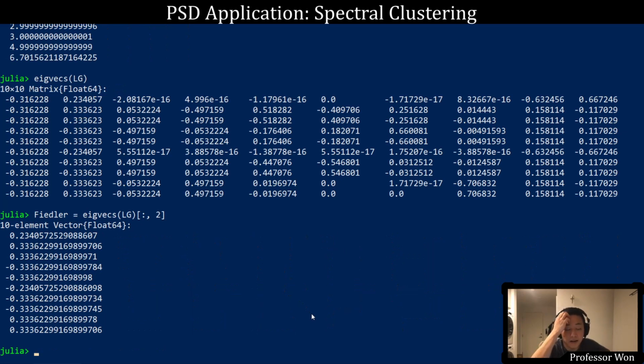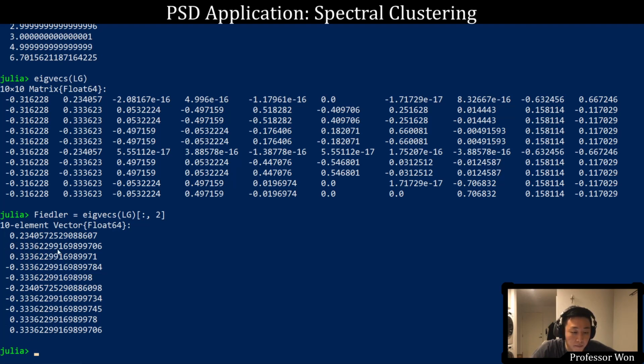Now what you need to do in the algorithm is take this Fiedler vector and arrange the entries from largest to smallest. If you look at this list of entries, 0.23 is smaller than 0.3336, and there are several 0.336s.